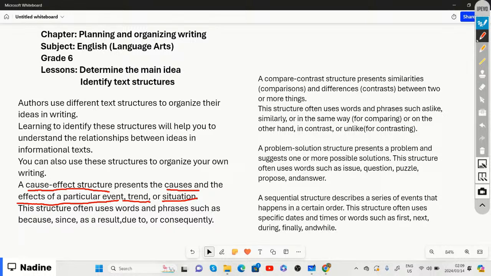And this structure often uses words and phrases such as because, since, as a result, due to, or consequently.